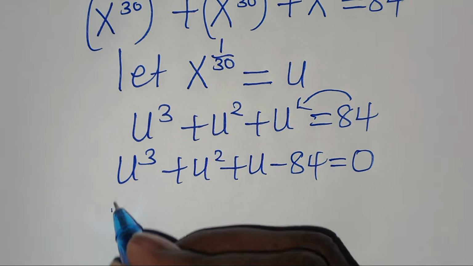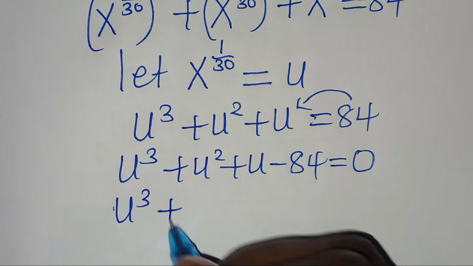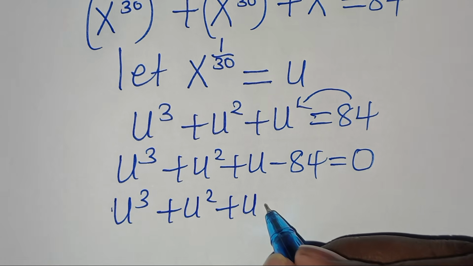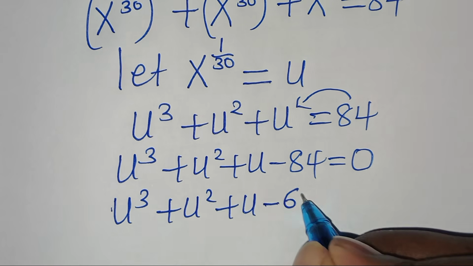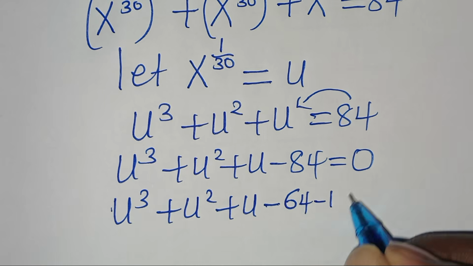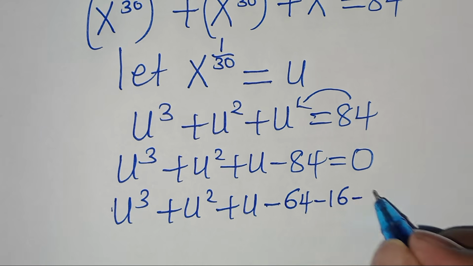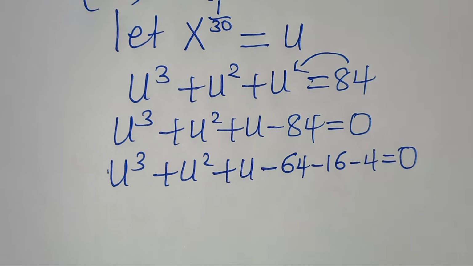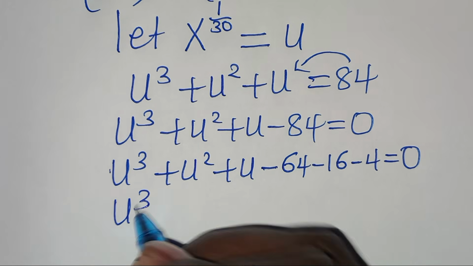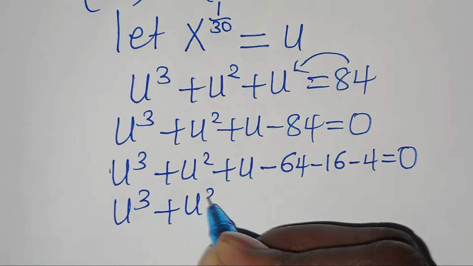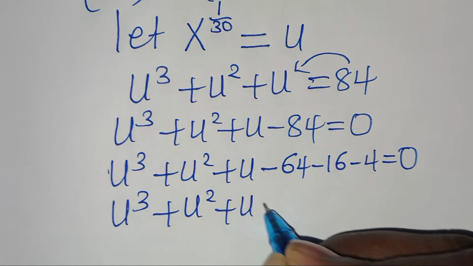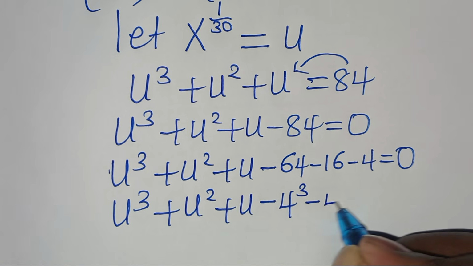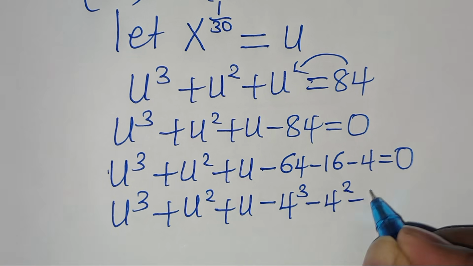So we have u to the power of 3 plus u to the power of 2 plus u minus 84. This is the same thing as minus 64, subtract 16, minus 4. This is equal to 0. So this is u to the power of 3 plus u to the power of 2 plus u minus 64, which is 4 to the power of 3, minus 16, which is 4 to the power of 2, minus 4.